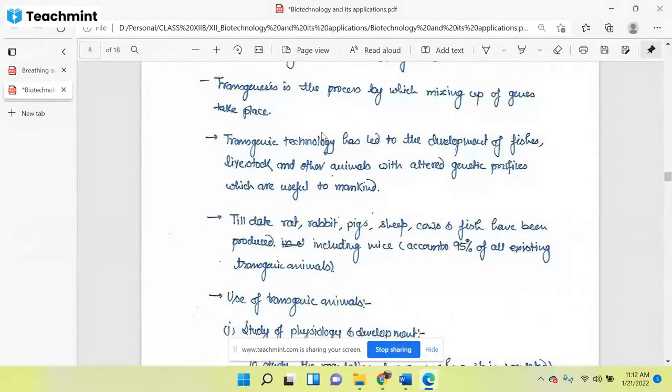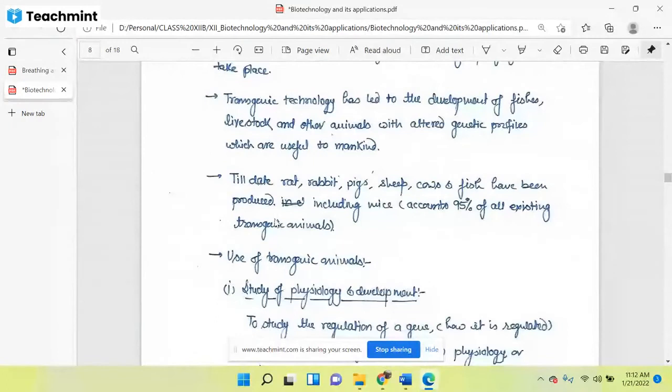Okay, now till date rat, rabbit, pigs, sheep, cow, fish have been produced. So all these organisms have been produced as transgenic animals by inserting different genes from different organisms to get different protein or different phenotype, including mice.